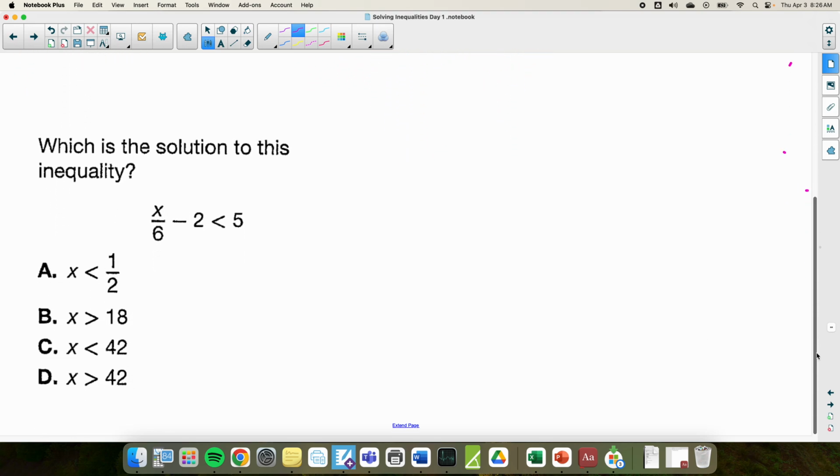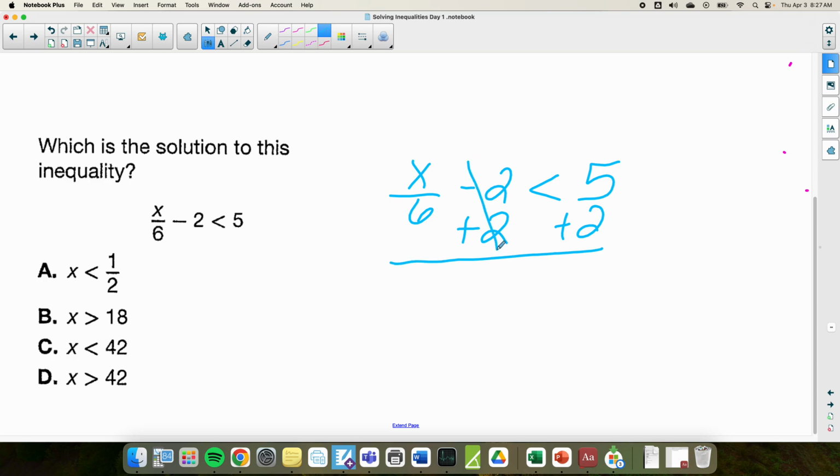Now if I look at this one, I have x divided by 6, subtract 2 is less than 5. So when I go to solve this, I'm first going to add 2, and I get x divided by 6 is less than 7.